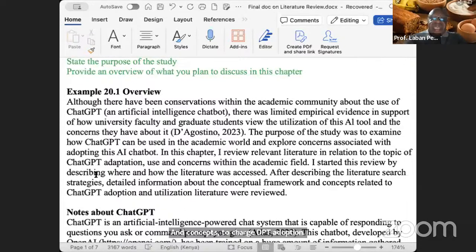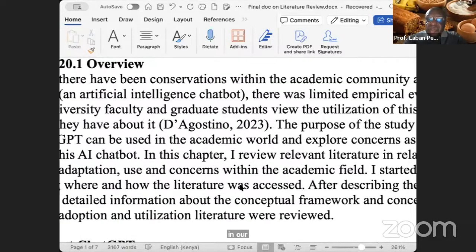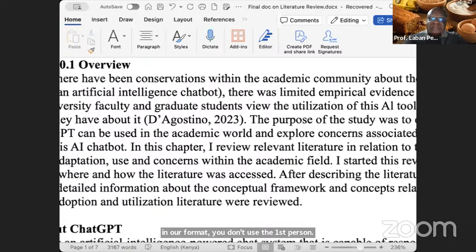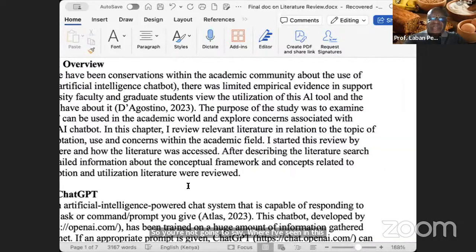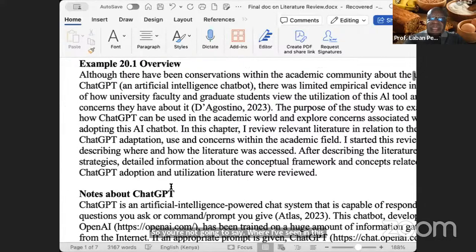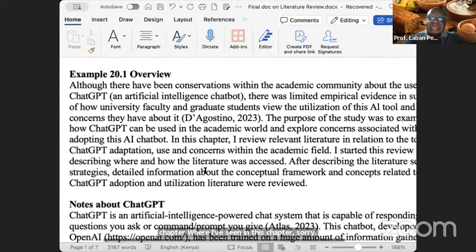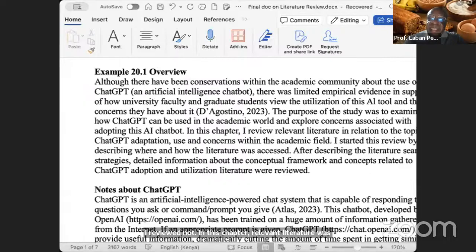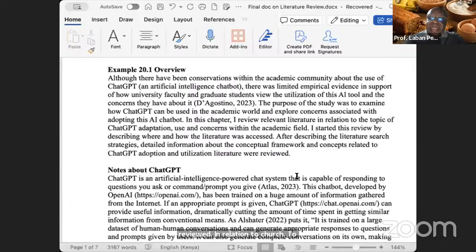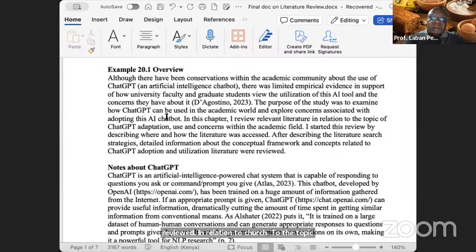Of course, in our format at Daystar, you don't use the first person. So you're not going to say, where I've said, in this chapter, I reviewed. No. In this chapter, relevant literature was reviewed in relation to the topic of ChatGPT adaptation, use, and concerns within the academic field.